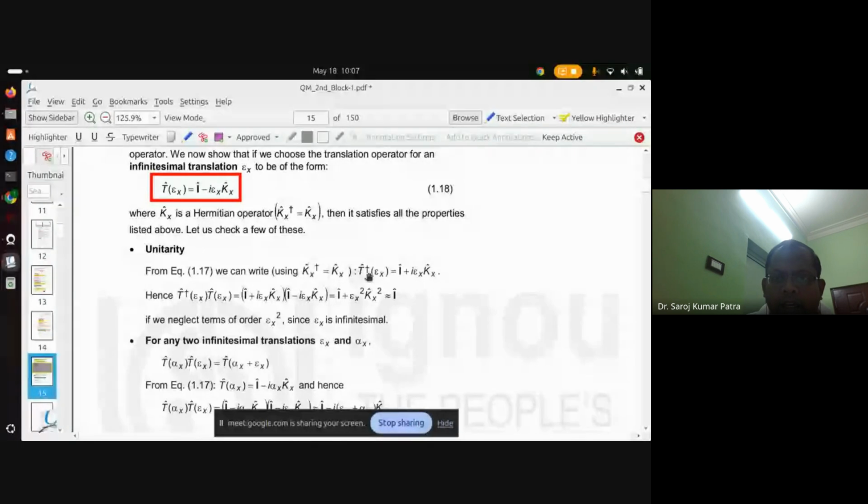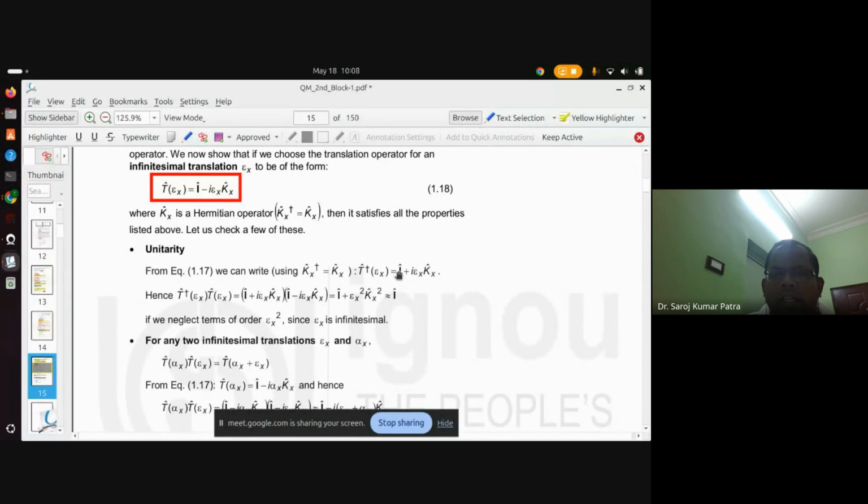So T dagger of epsilon x, if I take this definition, will be I dagger minus I will become plus I, then epsilon x is just a small translation amount, then kx cap, which becomes kx dagger, but kx dagger will become kx, that's why it is kx here.